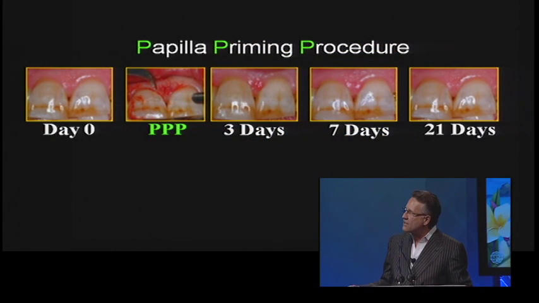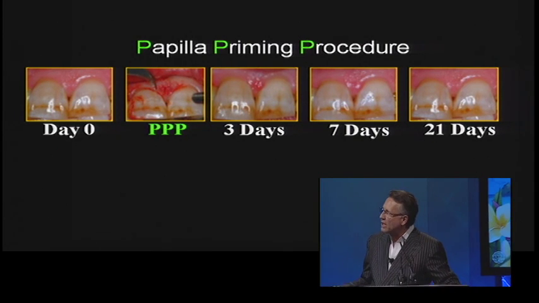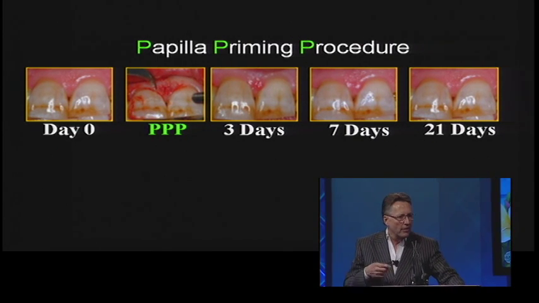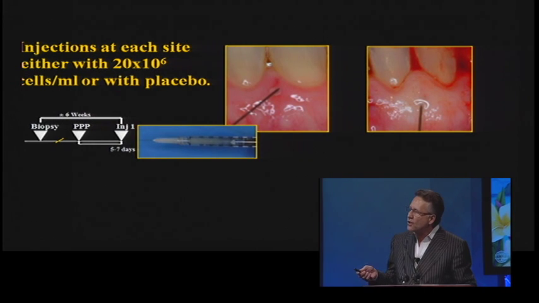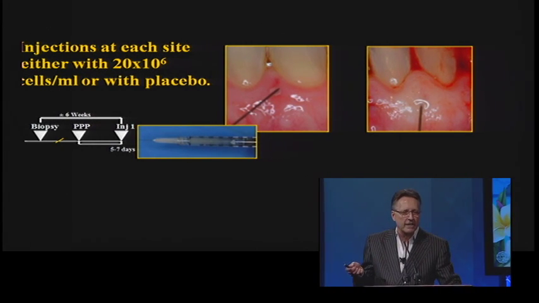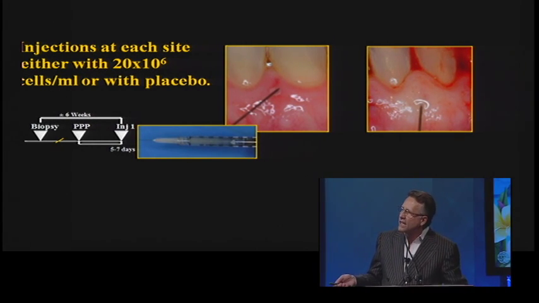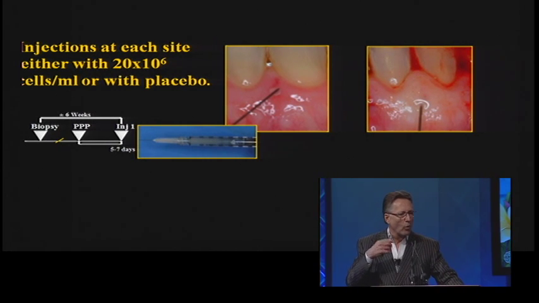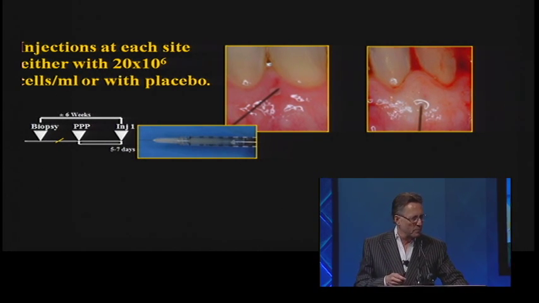So at 3 days, you see that it's swollen above baseline. At 7 days, it's not quite so acute, but still swollen. By 21 days, all the swelling's gone. Well, how can we leverage this to our advantage? We chose to go in at 5 to 7 days and inject either placebo or 200 million fibroblasts per ml.